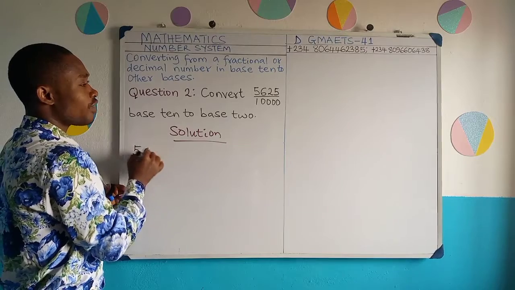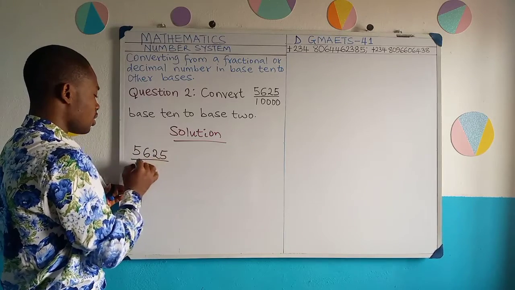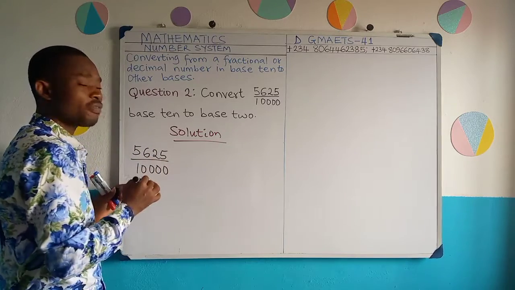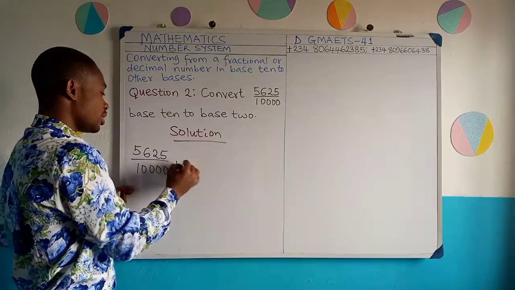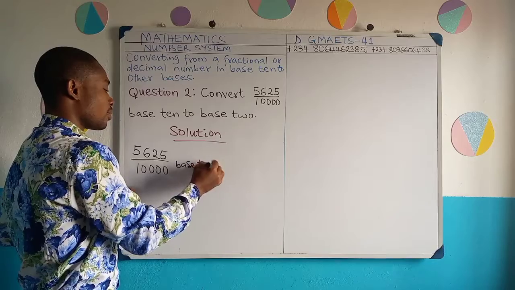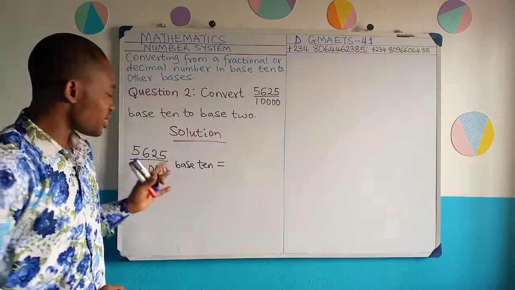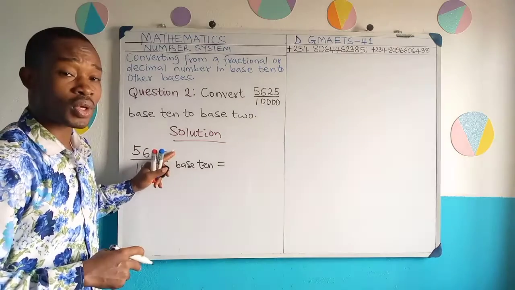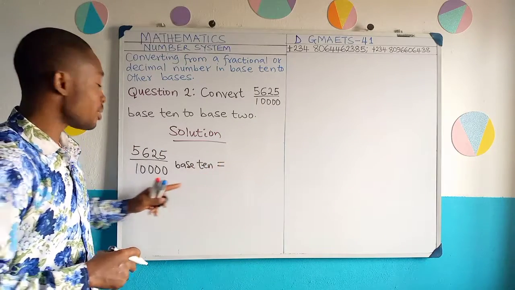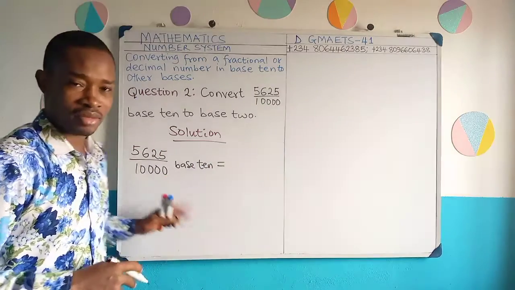When we have this 5,625 divided by 10,000, I'm going to ask myself, can I reduce this number more? This is base 10. Now, if you use 625 to divide the numerator, you will get 9. That same 625 can divide the denominator.